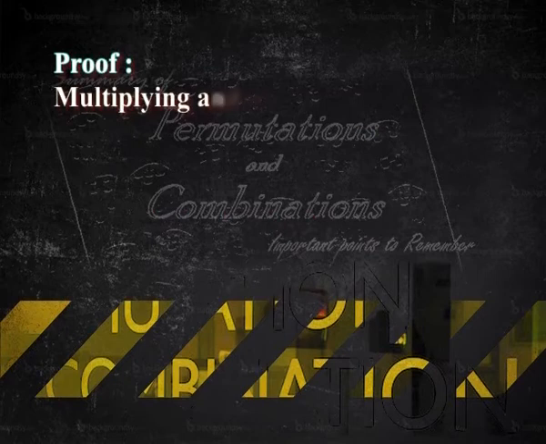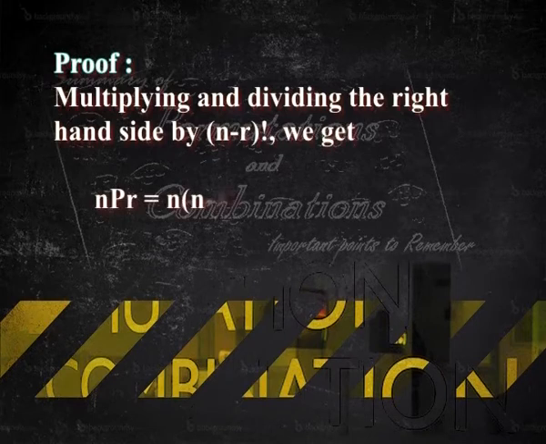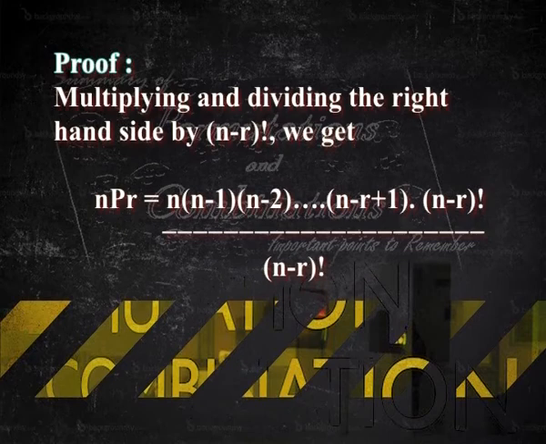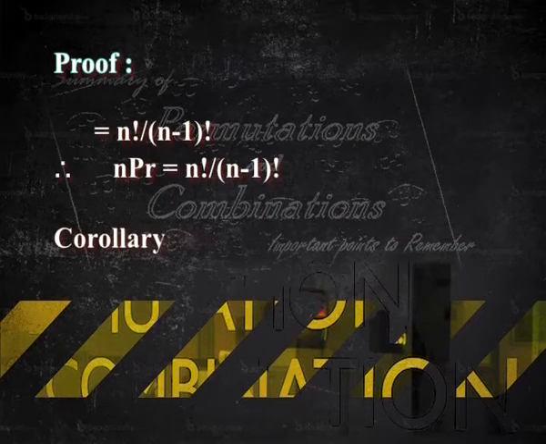Now multiplying and dividing the right hand side by n minus r factorial, we get n permute r equal to n into n minus 1 into n minus 2, up to n minus r plus 1, into n minus r factorial, the whole thing divided by n minus r factorial. That is equal to n factorial upon n minus r factorial. So we come to the conclusion that n permute r equals n factorial upon n minus r factorial.